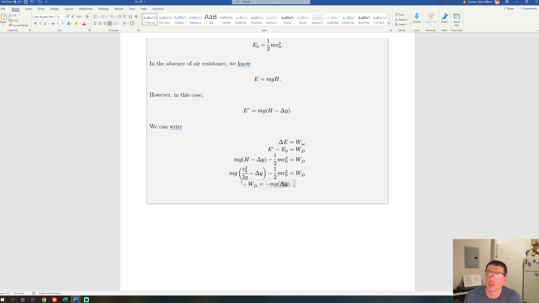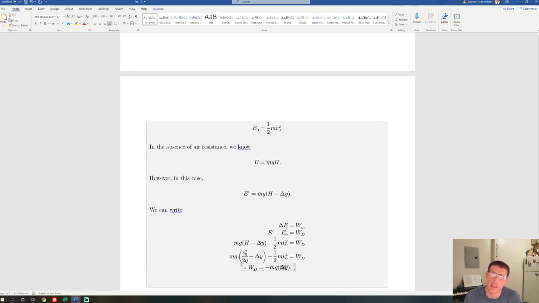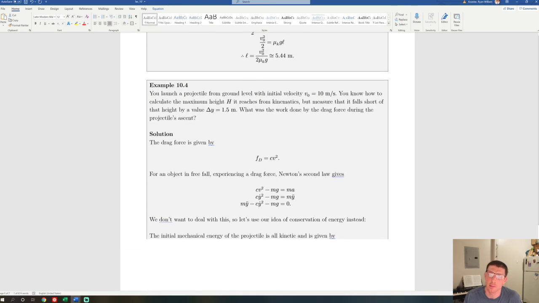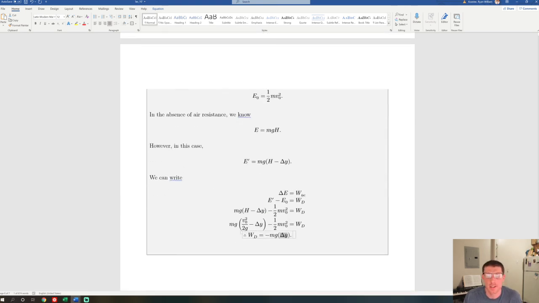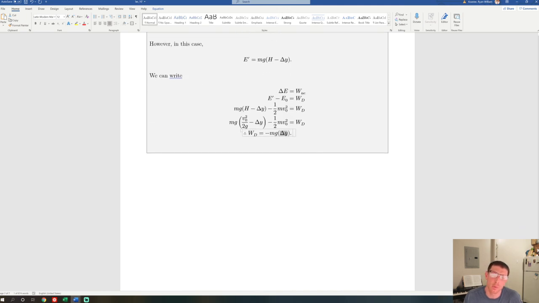And this was also positive, as I stated it in the problem statement, 1.5 meters. It turns out that what we actually need here is the mass. But remember that that is always going to be positive, right? And so we would find that the work done by the drag force is indeed negative in this case, and that's reassuring because we just discussed why, right?